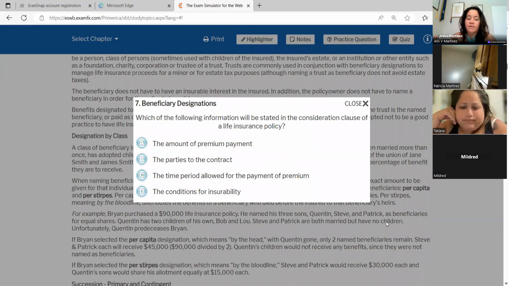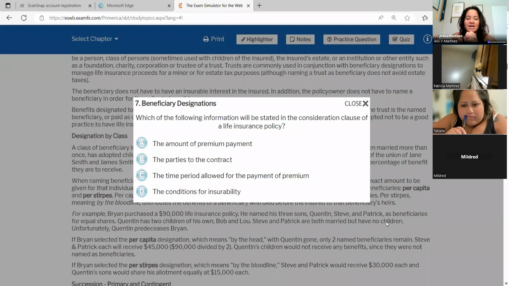Which of the following information will be stated in the consideration clause of a life insurance policy? A, the amount of premium payment. B, the parties to the contract. C, the time period allowed for the payment of premium. D, the conditions for insurability. I feel like it's all of them.